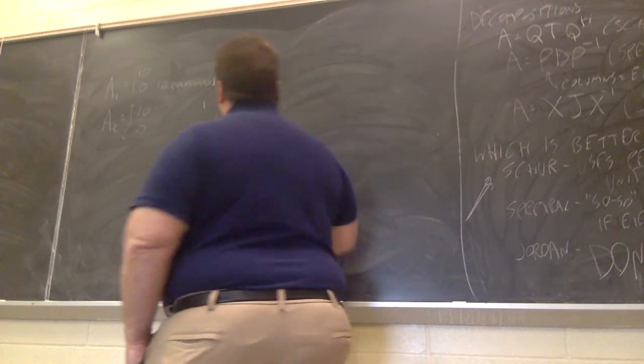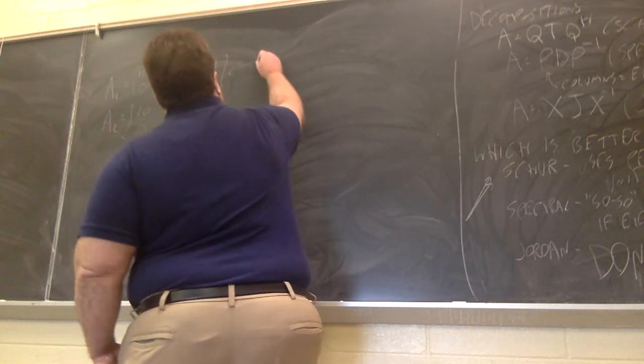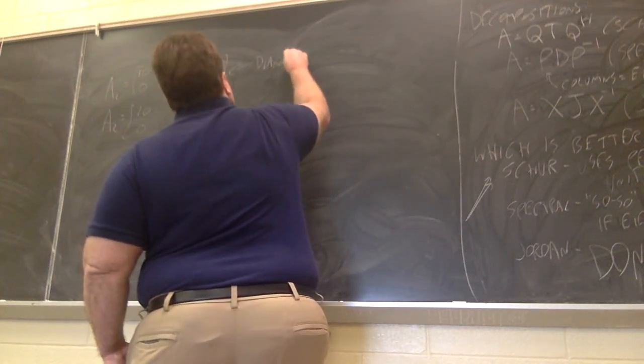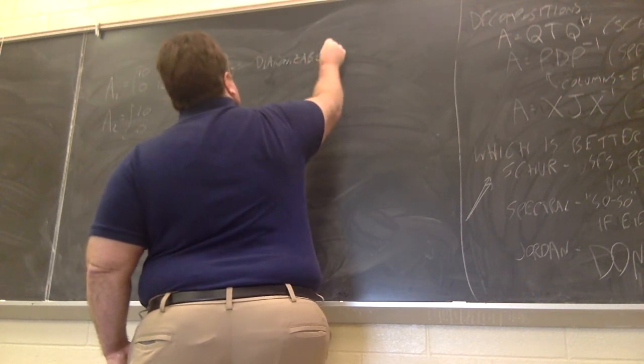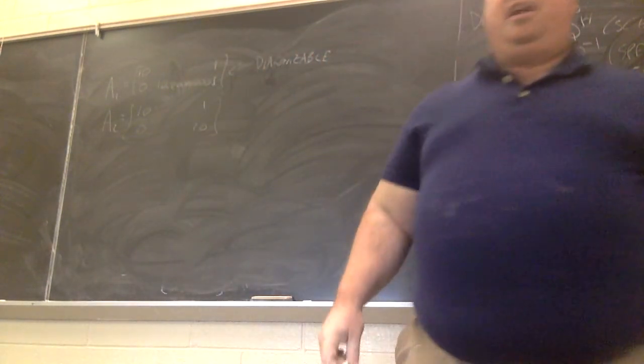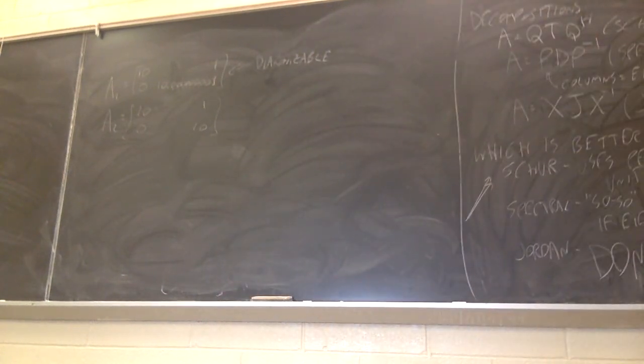Now, this matrix here is diagonalizable. How do I know that just by looking? What are the eigenvalues? Both matrices are upper triangular, so you can read the eigenvalues off the diagonal.